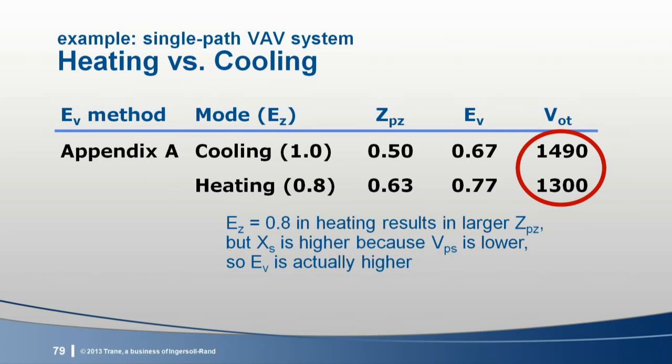I calculated the outdoor air intake to be 1,300 CFM during the heating mode, compared to 1,490 CFM in the cooling mode. But it's really hard to generalize this for all applications, so it depends on what the system primary airflow is when the zones are in heating. And of course, if the system is designed so that zone air distribution effectiveness is 1 when heating, this comparison isn't even an issue.